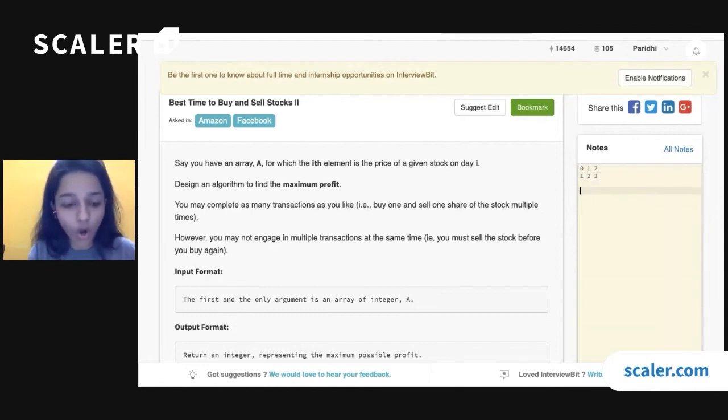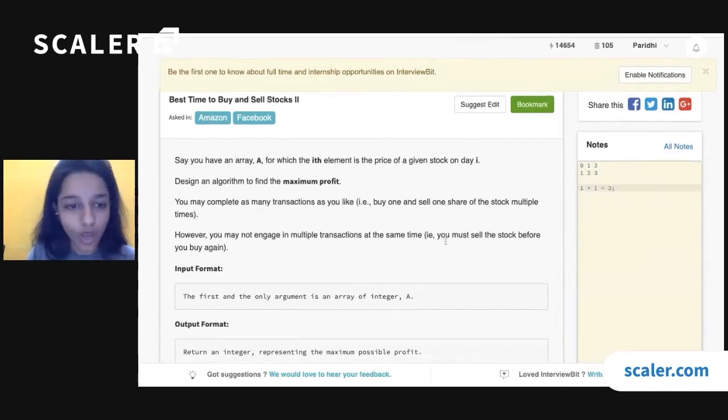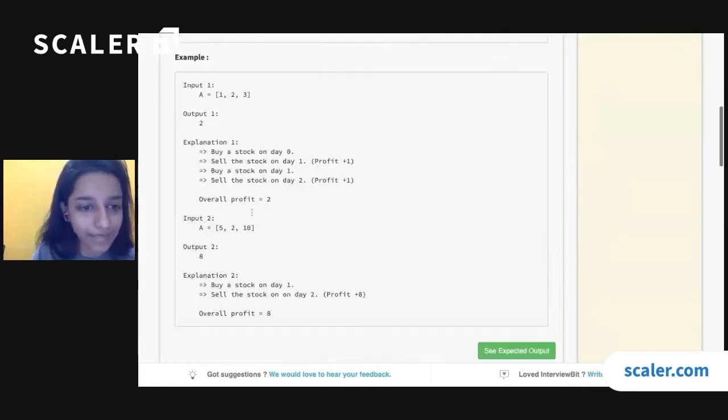We bought the stock on day 0 at 1 and sell it on day 1, so we get a profit of 1. If we buy it on day 1 and sell it on day 2, that is again a profit of 1. So the total profit is 2. That is what this example is saying.